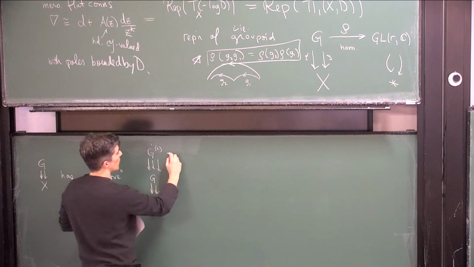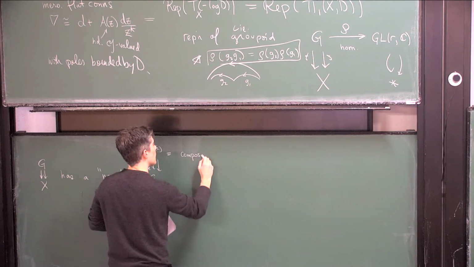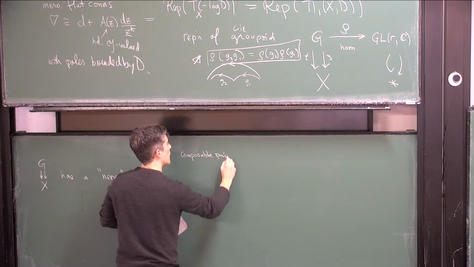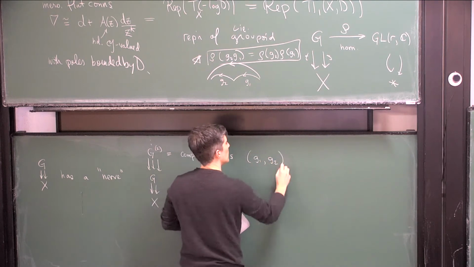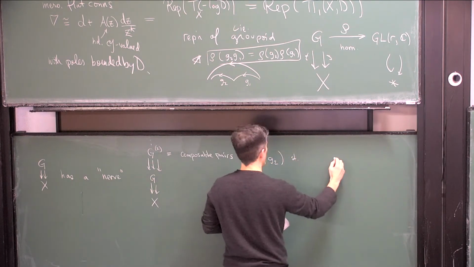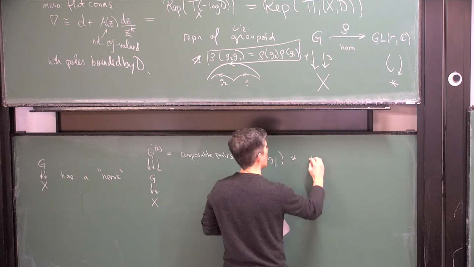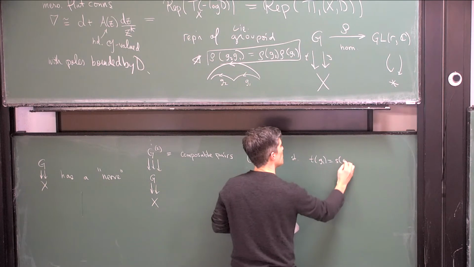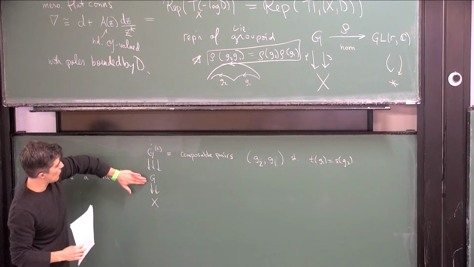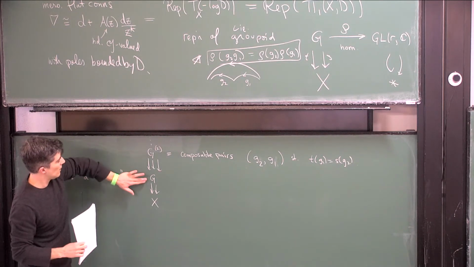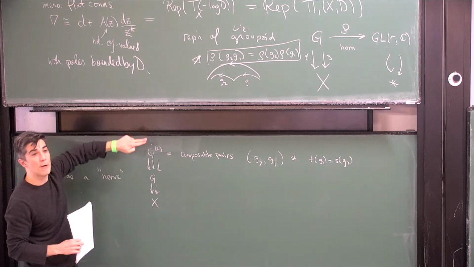What is G2? These are the composable pairs of arrows, pairs (g1, g2) such that the target of g1 is equal to the source of g2. And you could continue this sequence of manifolds: the single arrows, the composable pairs of arrows, the composable triples of arrows, and so on.